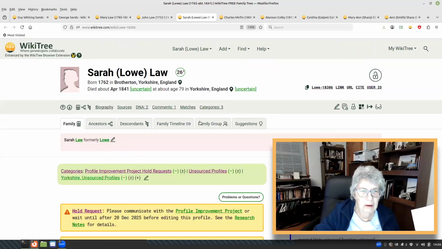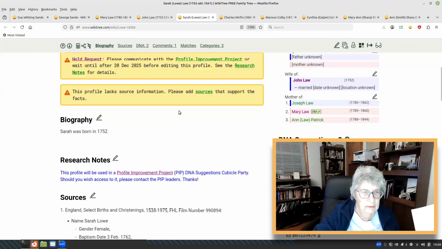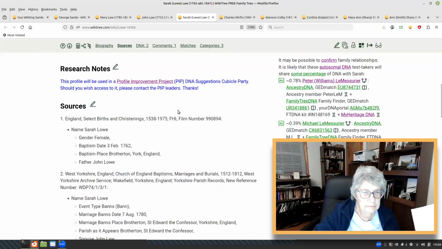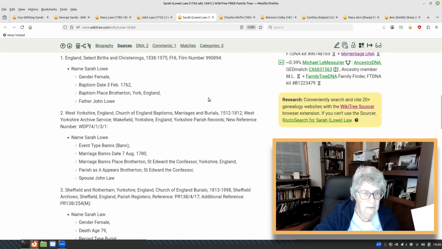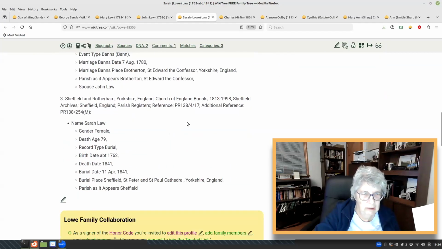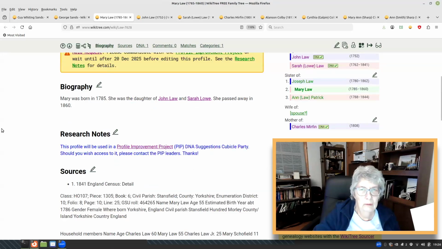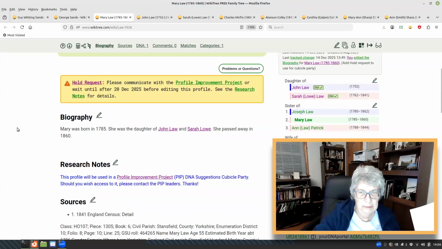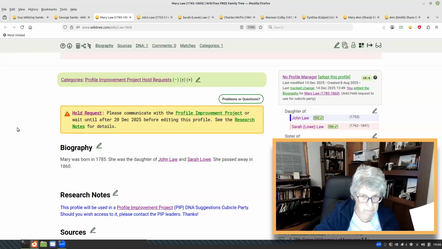Here we have Sarah, and she was born, and her marriage banns were posted for the marriage, and she died and was buried. So it looks like Mary's relationship to the parents is uncertain.